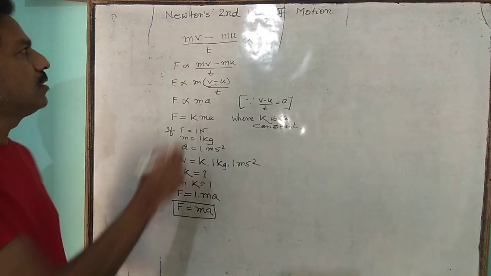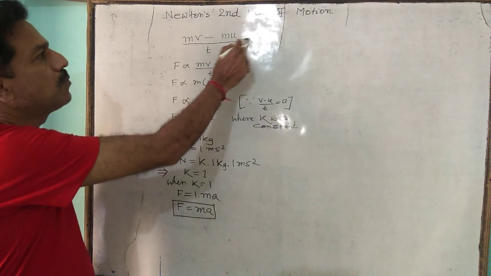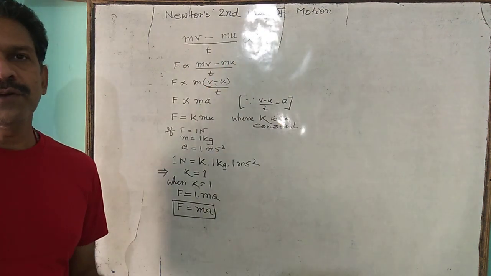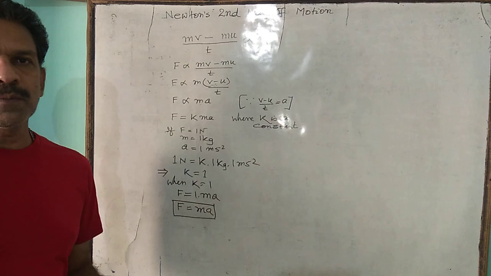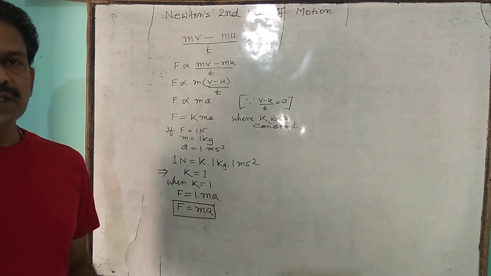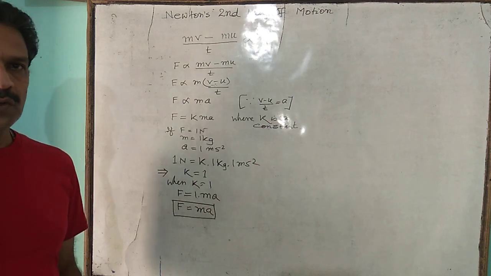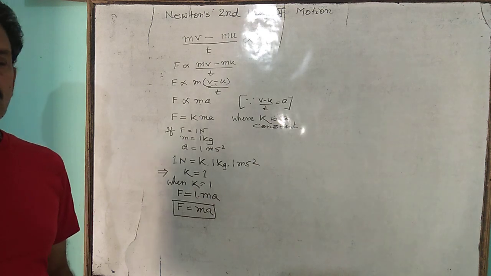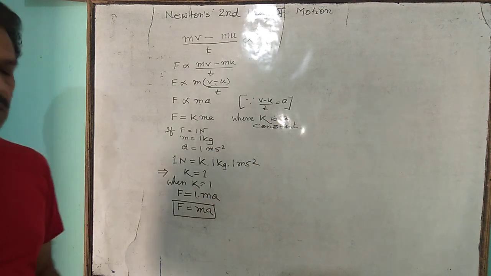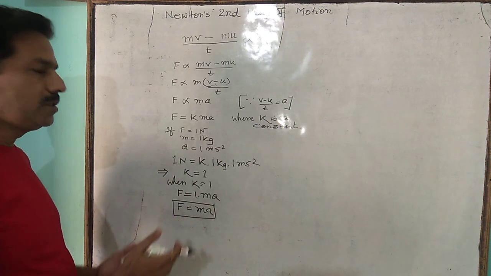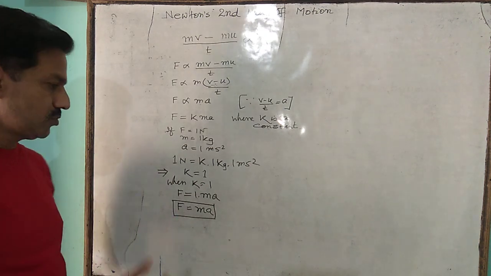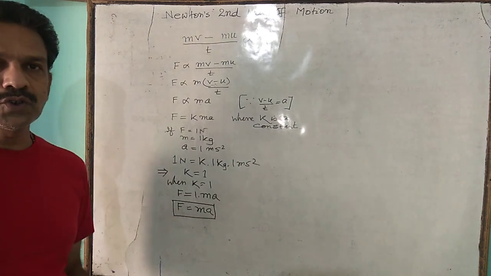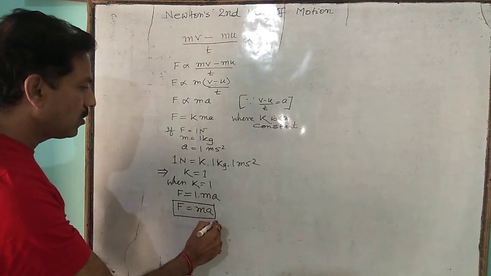The rate of change of momentum is directly proportional to the applied force, and motion takes place in the direction of the force. What do we get from Newton's second law of motion? We get the measurement of force.